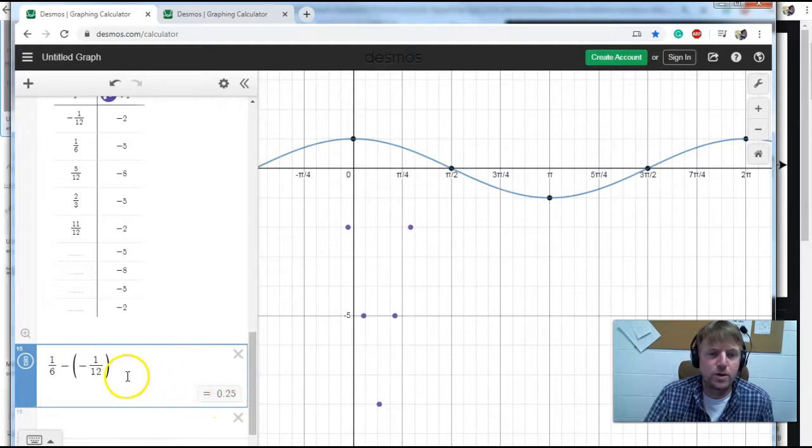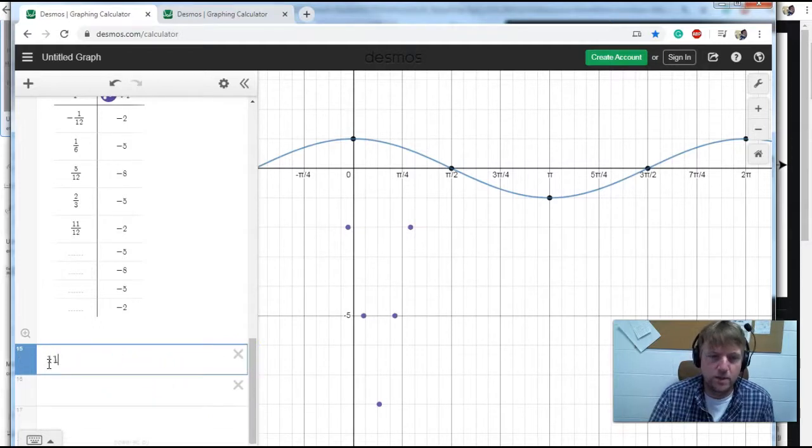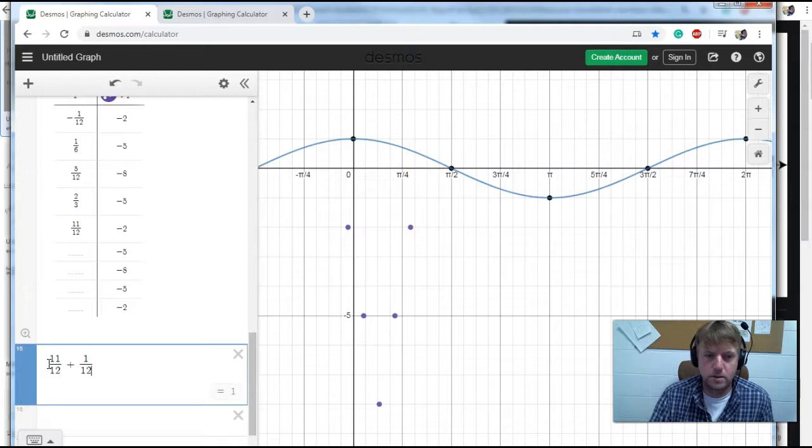So I need to add a quarter to 11/12. A quarter is 3/12. So the next point is going to be 14/12, and then 14/12 will reduce to 7/6.